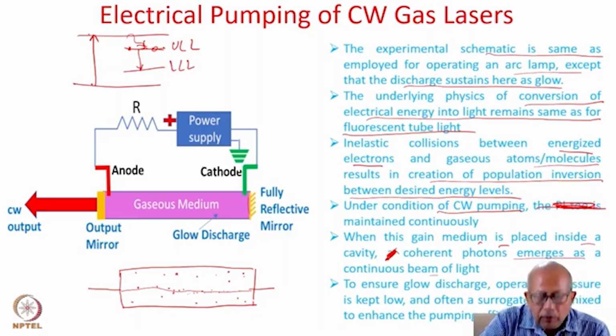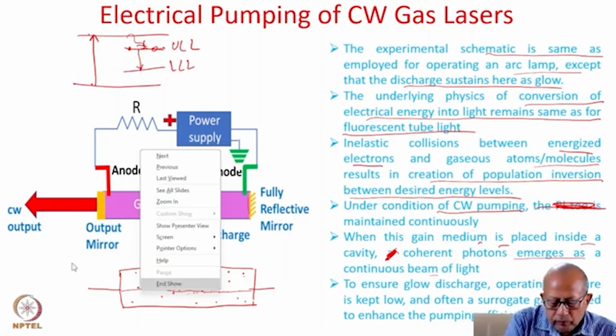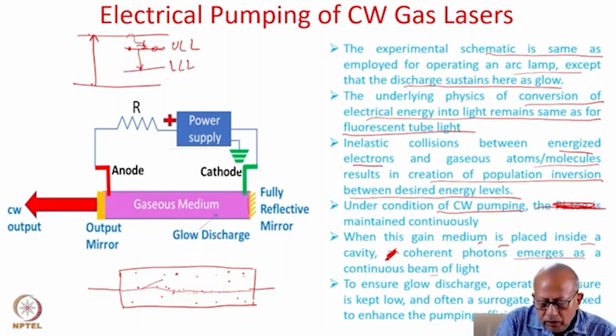The instability will diffuse into the rest of the volume, because at low pressure the mean free path of the electron will be more. So it will actually allow the instability to diffuse and be shared with the rest of the volume. However, if you increase the pressure, then the electron's mean free path will be very short.